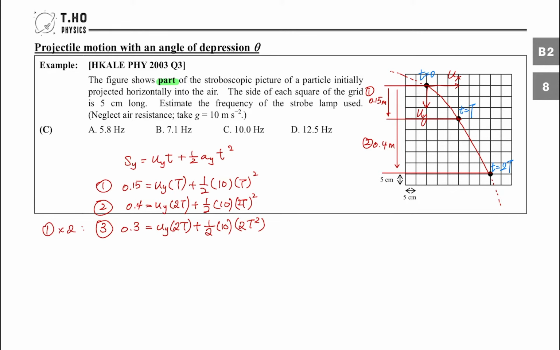And then we do the subtraction. u_y times 2T cancels each other, so we don't need to care about that.